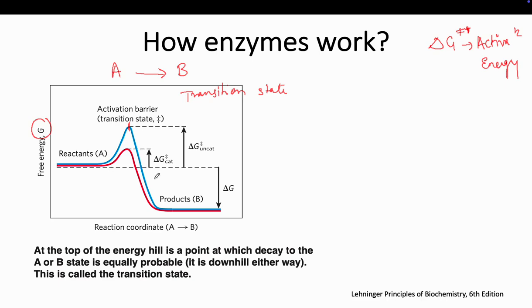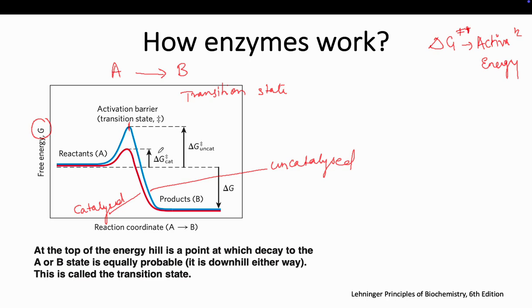Now the blue line here represents the uncatalyzed reaction, and the red line here, the red reaction coordinate graph, represents the catalyzed reaction. So what is the difference between the catalyzed and uncatalyzed reaction? The activation barrier.